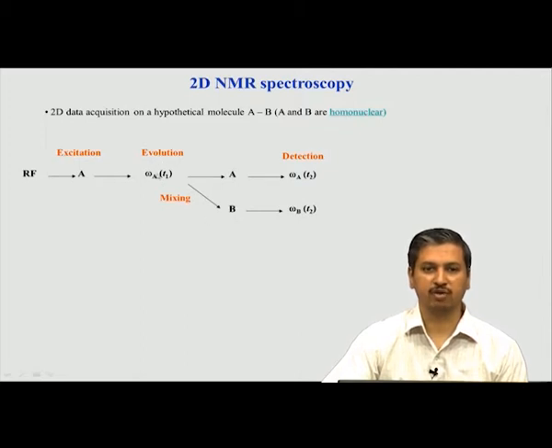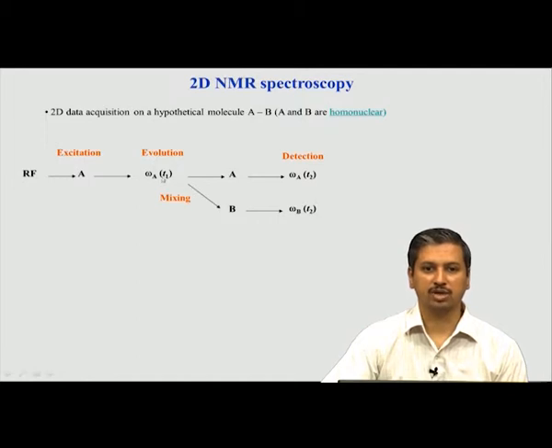Mixing is different from evolution. During evolution, the only thing happening is that the chemical shift is evolving, whereas during mixing we transfer the magnetization from here to here, or the coherence is basically interchanged.